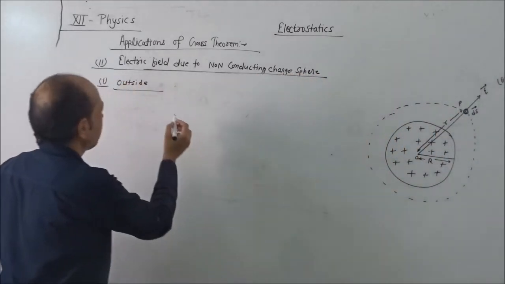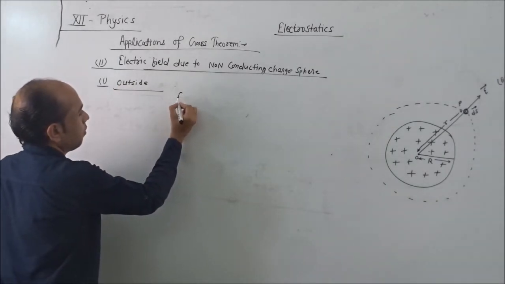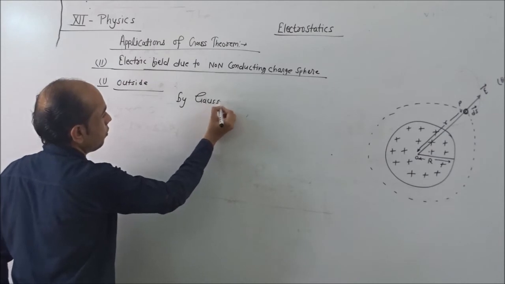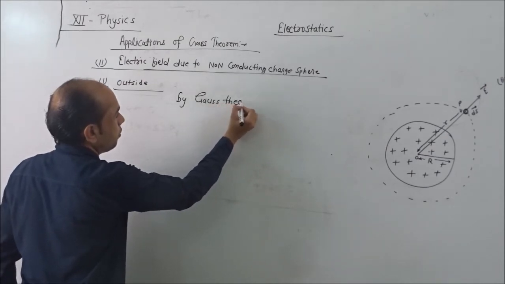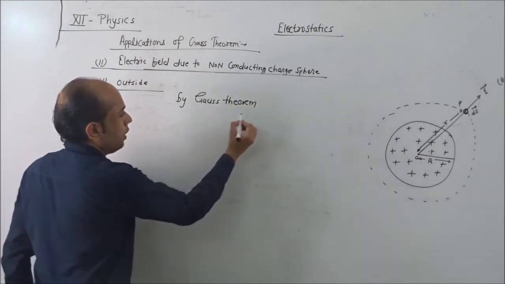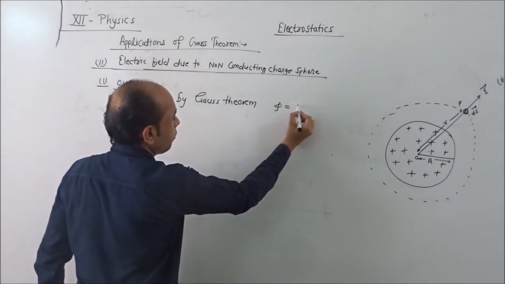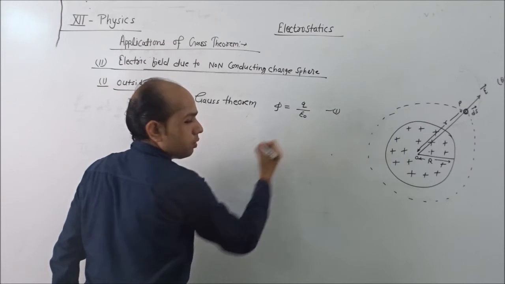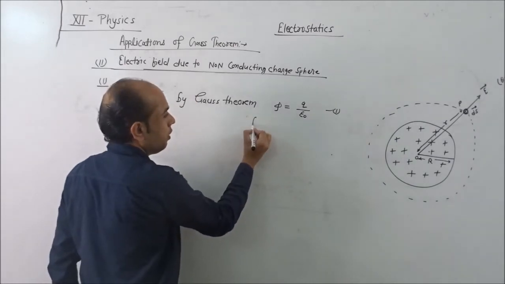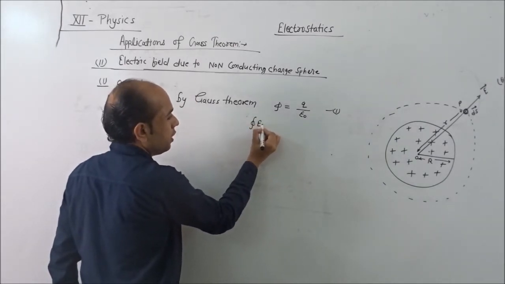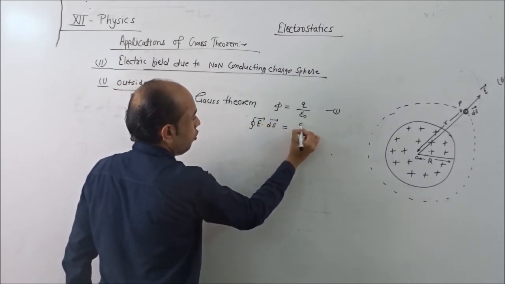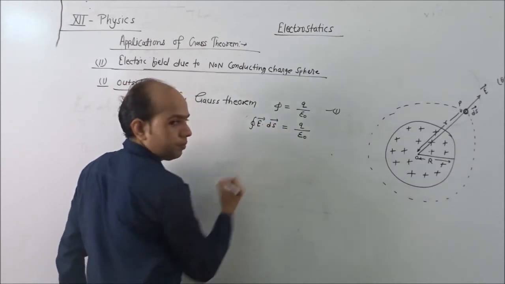Now by Gauss theorem, phi is equal to q upon epsilon naught. This is equation first. Phi is replaced by the closed integration of E dot ds, with vector sign, equal to q upon epsilon naught.